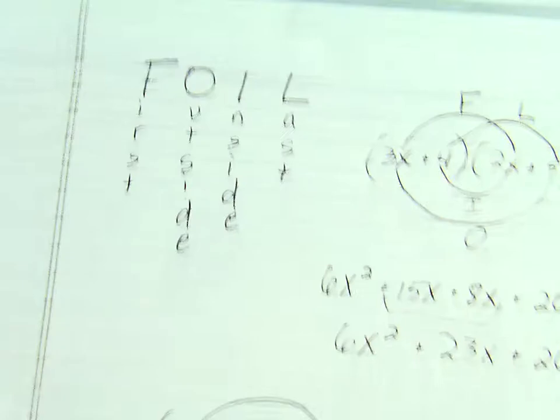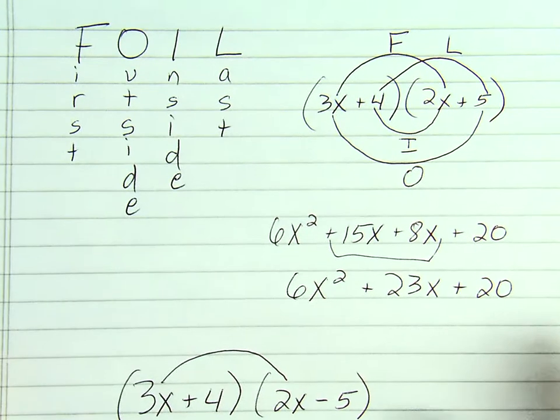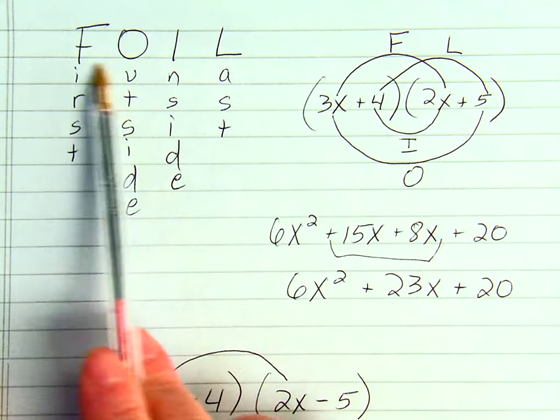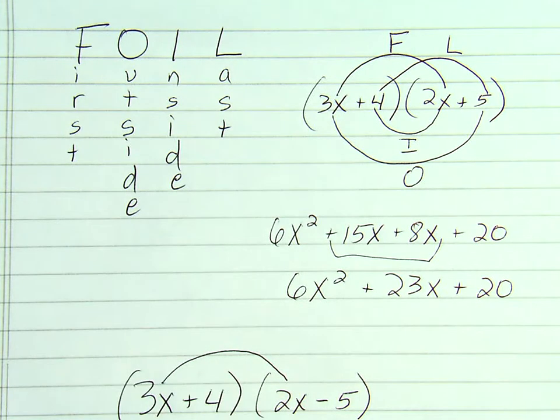Okay, so let's move on to our second method, which is the FOIL method. You're going to hear the word FOIL an awful lot because it's used an awful lot when we do these binomials, because it gives you a guide, basically.